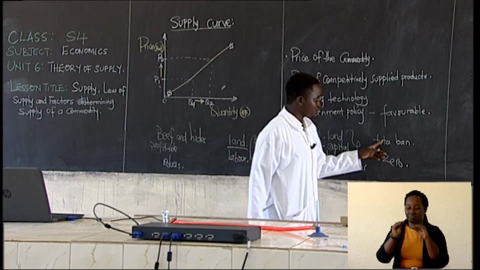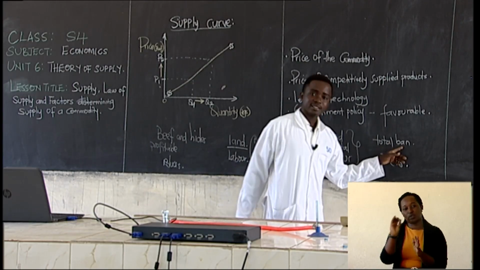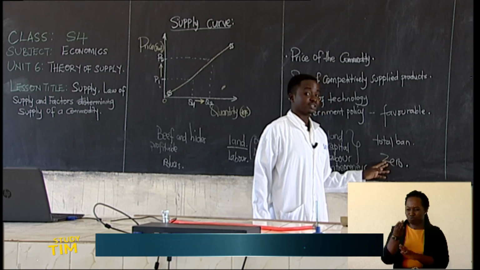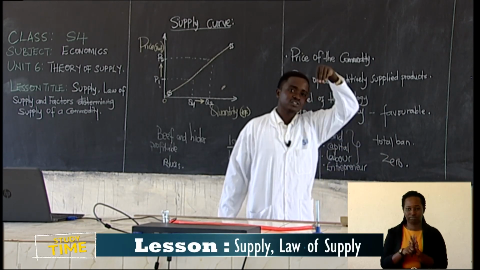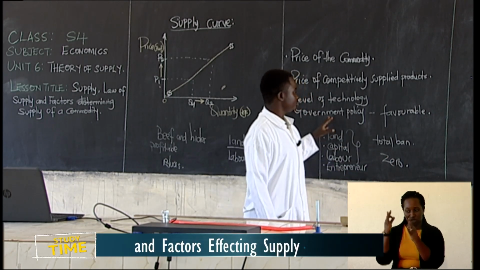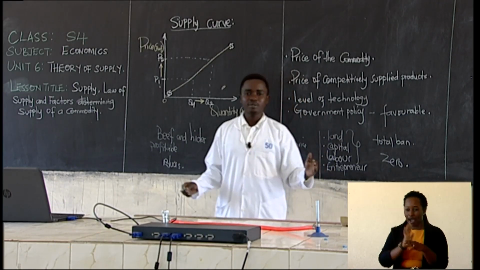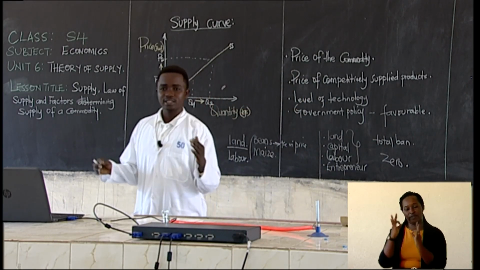If a government puts a total ban on the production or supply of a commodity, its supply reduces to zero. So government policy determines the supply of goods and services.